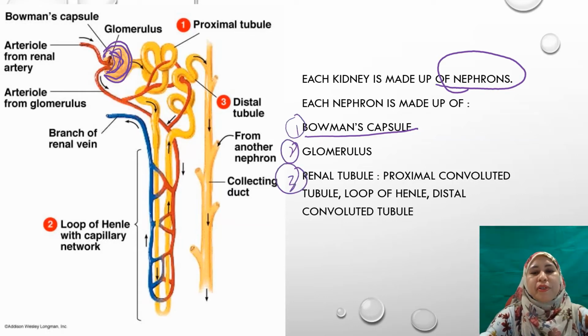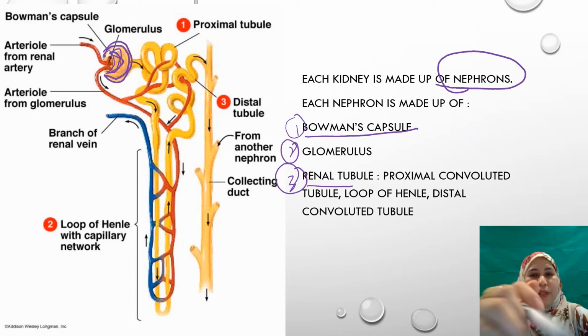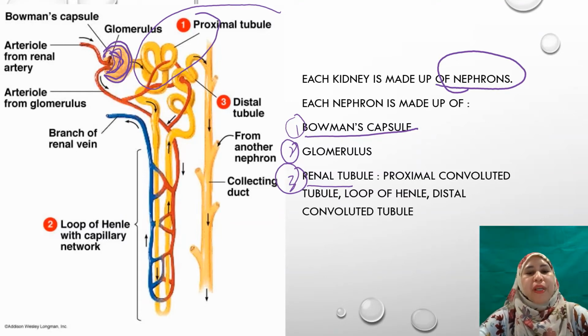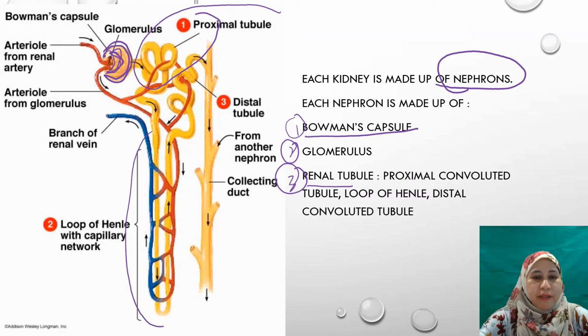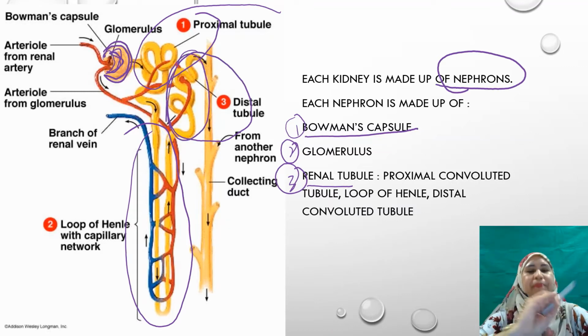The renal tubule consists of the proximal convoluted tubule here, the loop of Henle, and the distal convoluted tubule, this part.